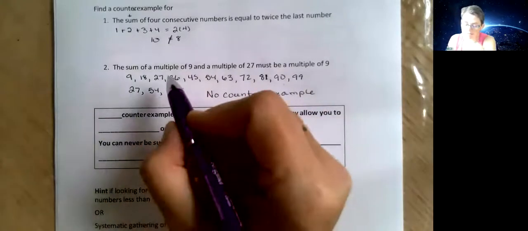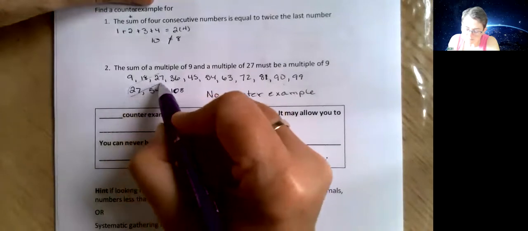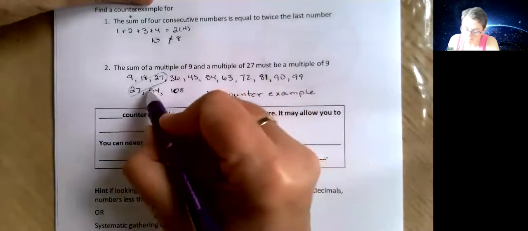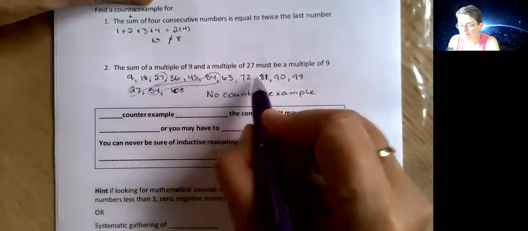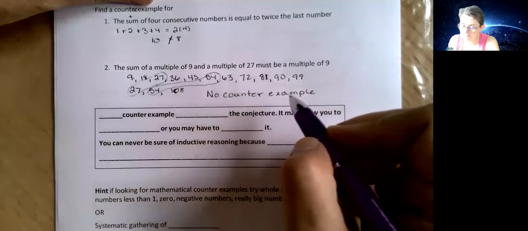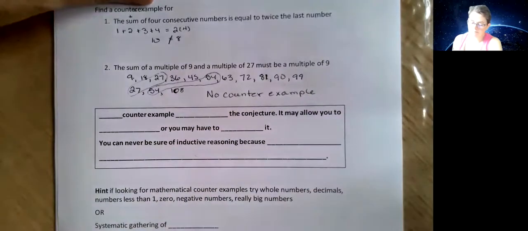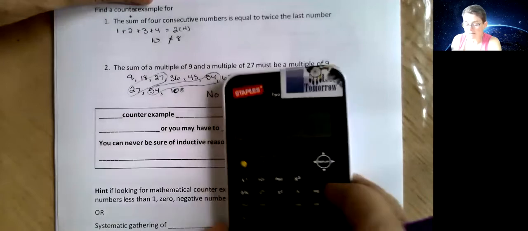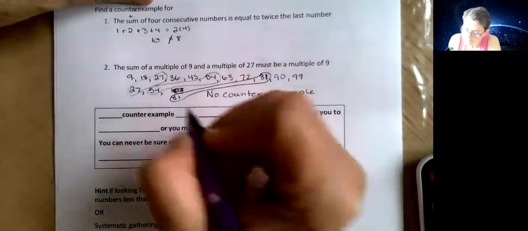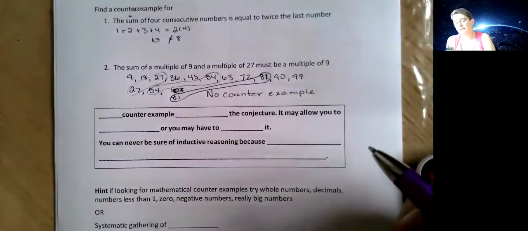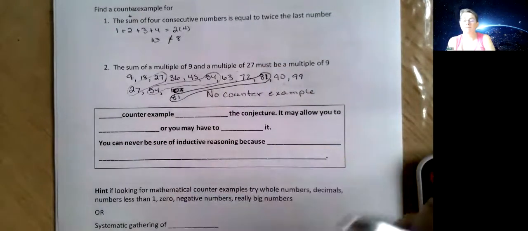And I can say that because I know that basically every third one of these, 27 times 3, this one is always going to fit because 9 already divides into 27, so there's always going to be a multiple there.